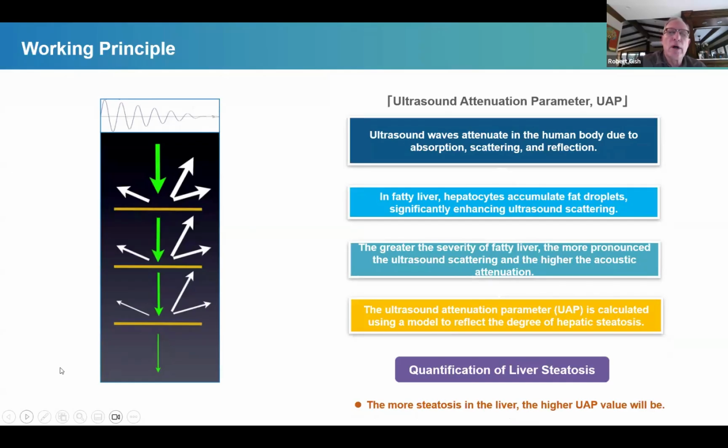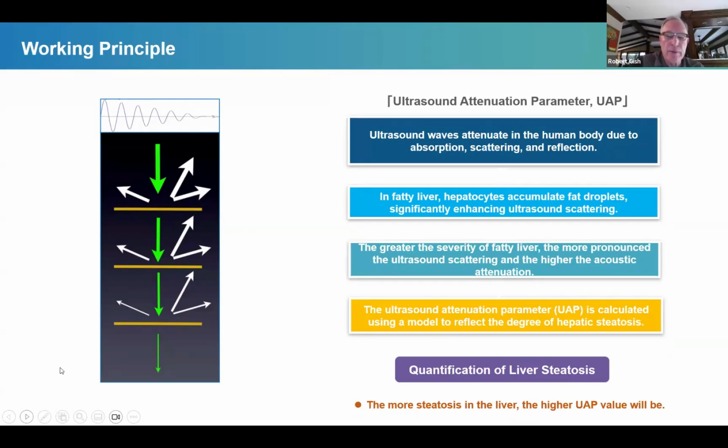A little bit more on this attenuation parameter: this ultrasound type wave, sound wave, goes into the liver and is attenuated by the level of fat that's present. These attenuation parameters, UAP here, that's the abbreviation we're going to use, quantify liver steatosis and closely parallel what you can find on biopsy or what you find on MRI.